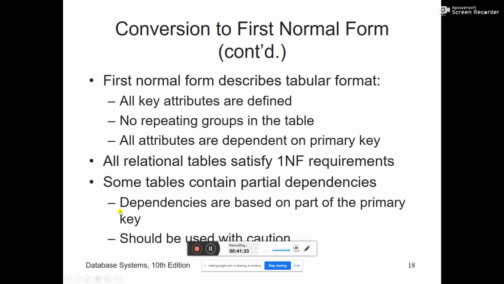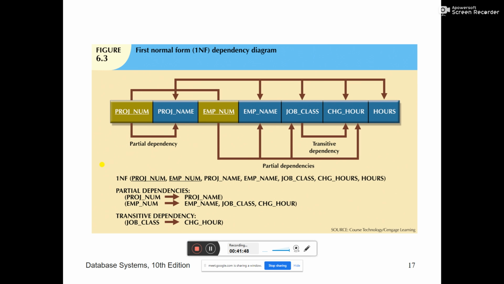If you have only a single attribute as a primary key, then you don't have to go for second normal form. Your table is already in second normal form.